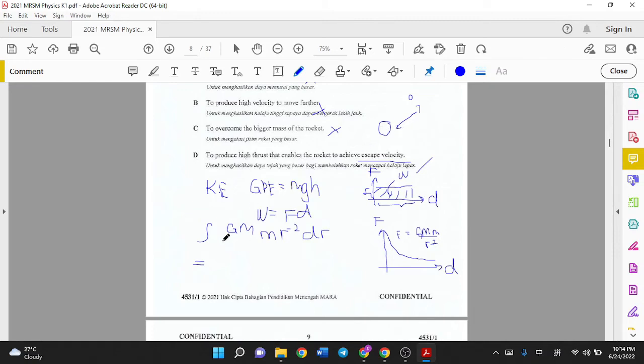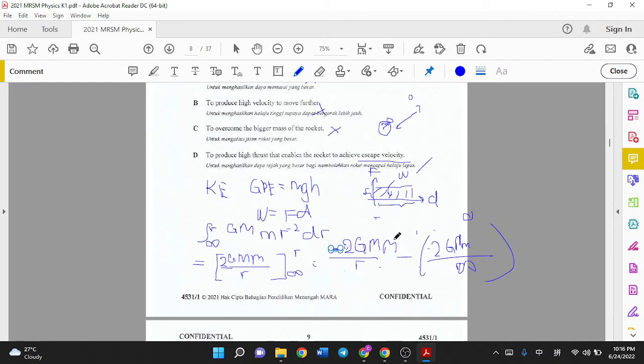So it is moved from infinity to r, your r here. This is your r at the surface of the Earth. So you just integrate it. This should be 0, and you will get your gravitational potential energy. The value will be negative GMm over r. So this is how you get your gravitational potential energy.